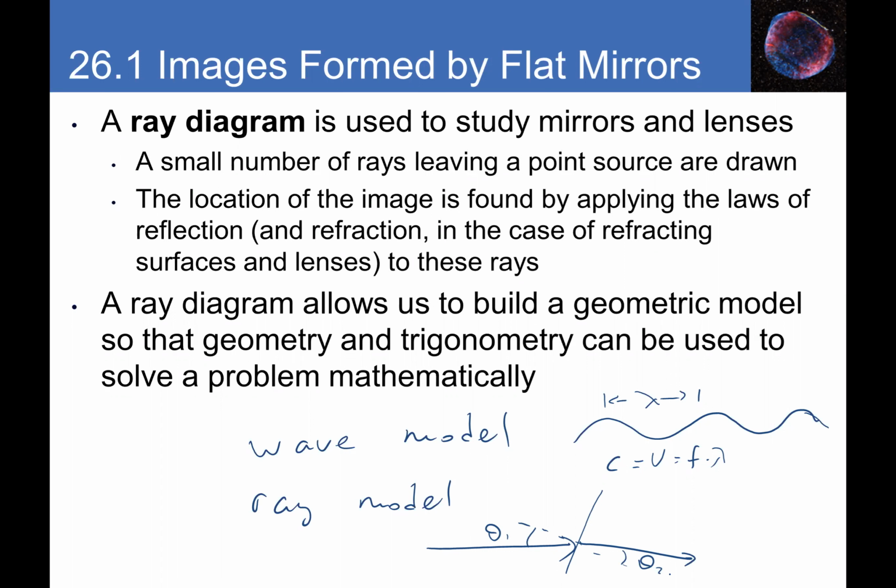So that's why we're going to continue using the ray model of light, because when you consider mirrors and lenses, it's much more useful than the wave model. So again, we're going to use ray diagrams to study mirrors and lenses, and we're always going to assume specular reflection.